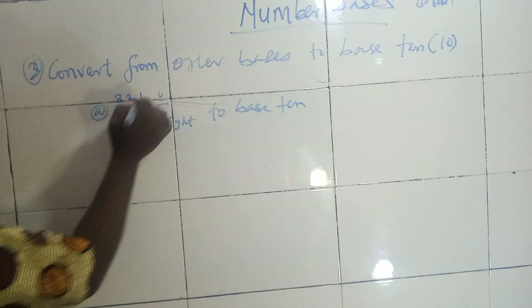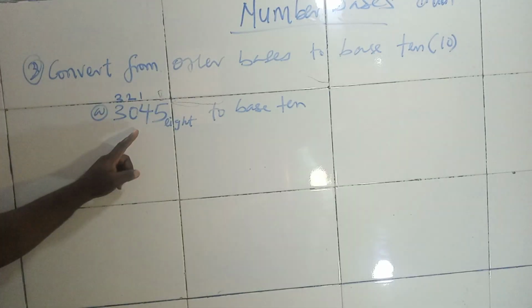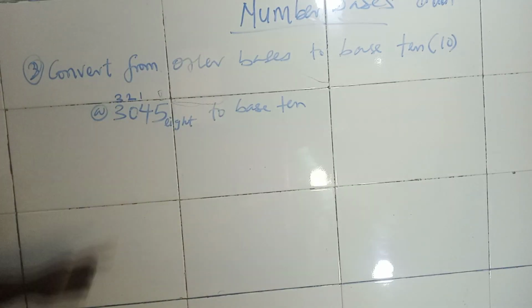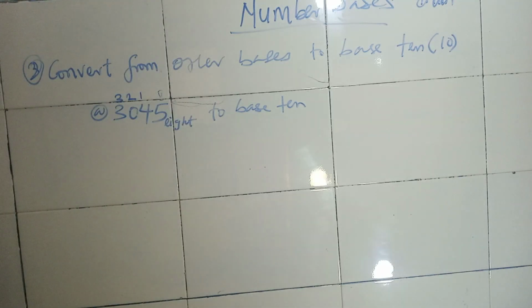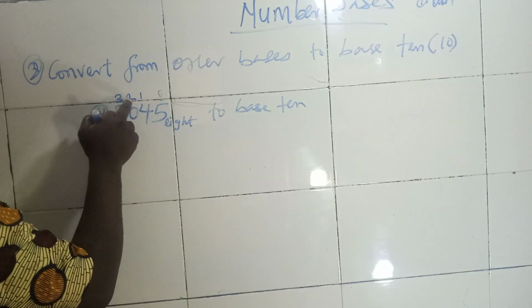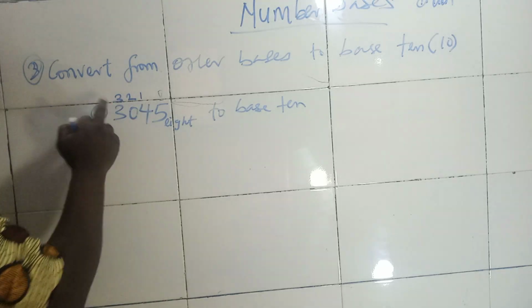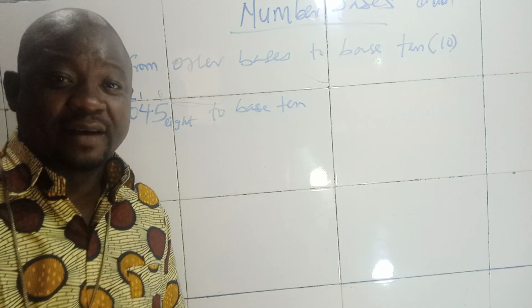Now I've numbered it. You want to convert from other bases to base 10. Like I've done, I have already numbered it as 0, 1, 2, 3. Sorry, those in the higher class, you may be complaining that I'm too slow.